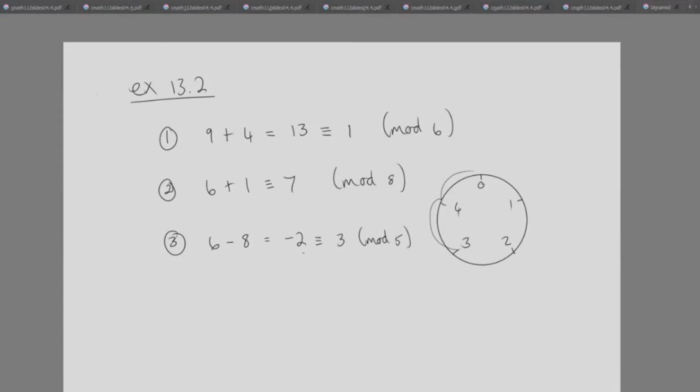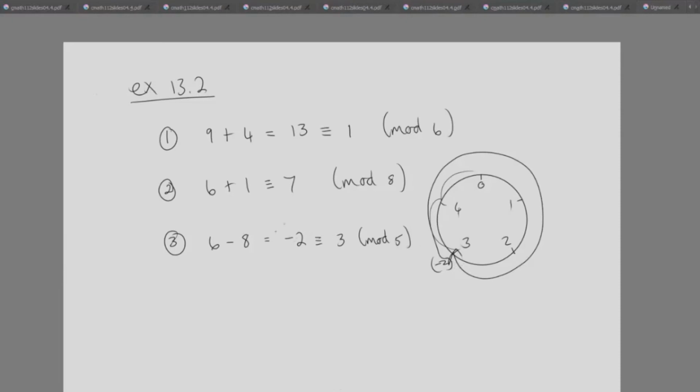What you could also do is notice that if you're at a number, you can add any multiple of 5 to get you to one of these numbers, because any multiple of 5 in this case will just give you a full loop around. A full loop of 5 around will put you in the same place.